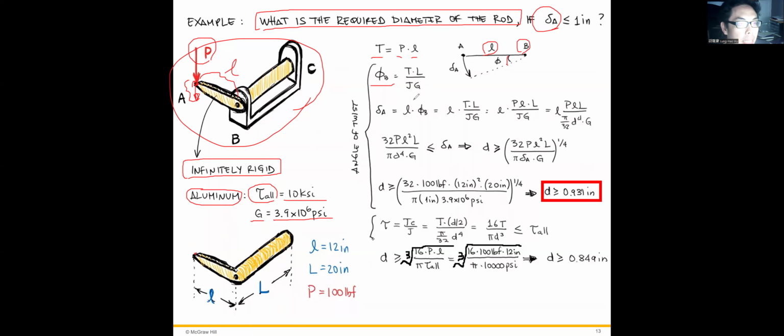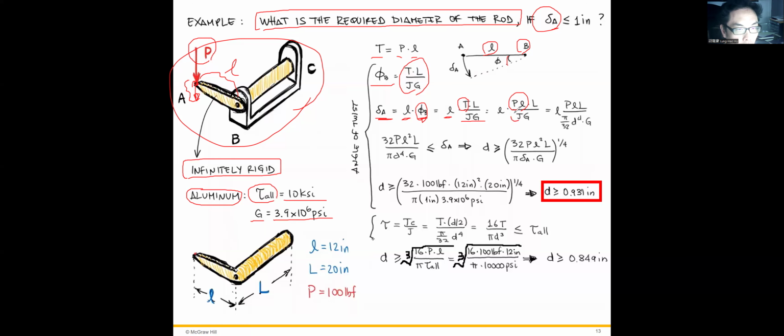And this delta A, because it is rigid, we can regard it as the infinitesimal displacement, equal to L times phi B, equals L times TL over JG. Because phi B equals TL over JG, where T equals PL, force times distance.